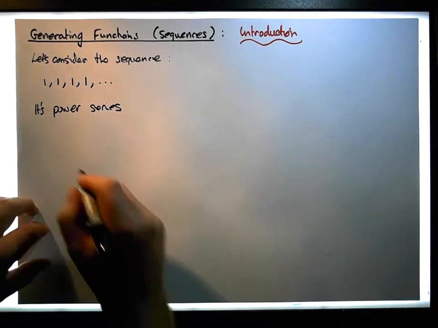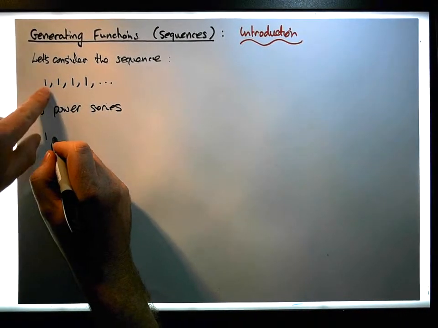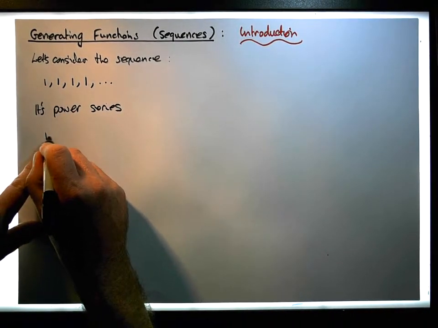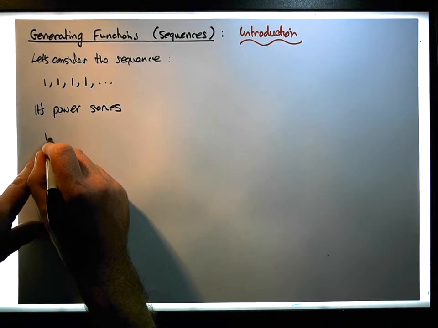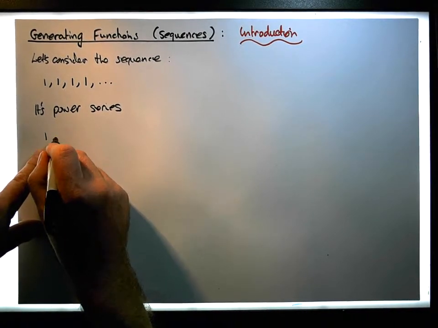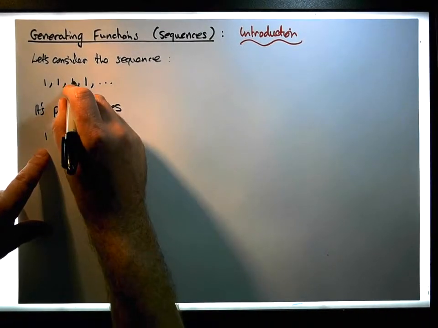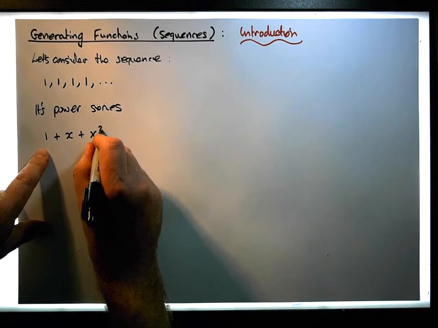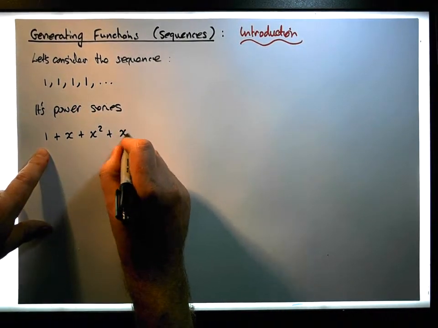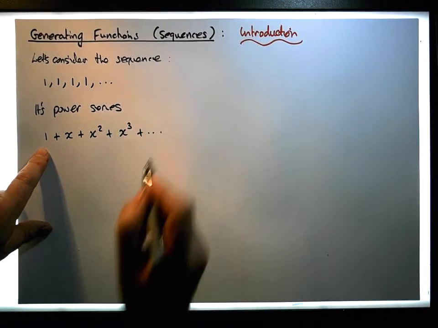It's 1 for the first term. It's really 1 times x to the 0, but x to the 0 is just 1. So 1 times 1 is 1, plus 1 times x is x, plus 1 times x squared is x squared, plus 1 times x cubed is x cubed, plus and so on forever.